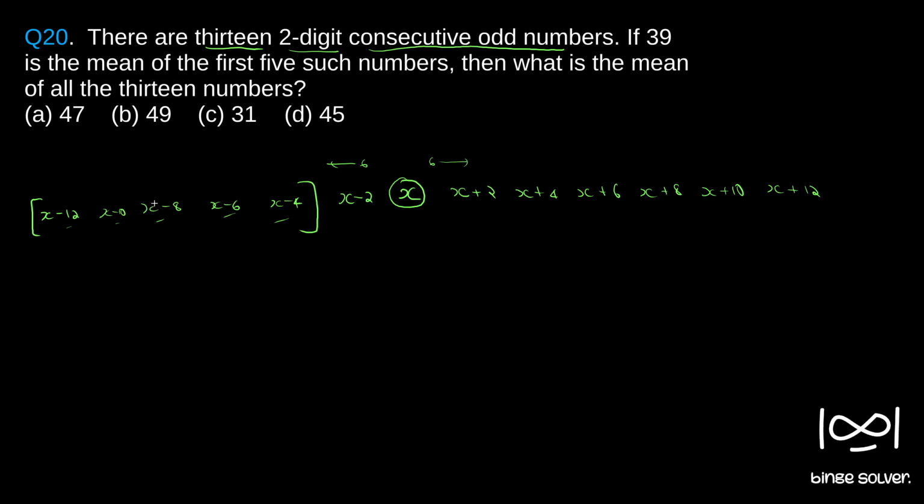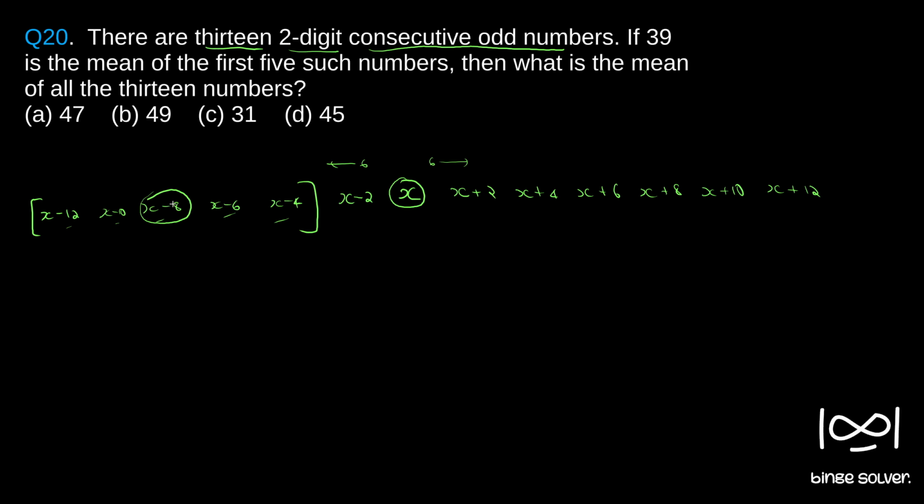Since it is an odd number of numbers, the mean will simply be the middle number. If it was an even number of numbers, we would add all the numbers and divide by the number of numbers. Now it is not necessary here. Even if we add x minus 12, x minus 10, x minus 8, x minus 6 and x minus 4 and divide by 5, we will still get x minus 8 as our answer.